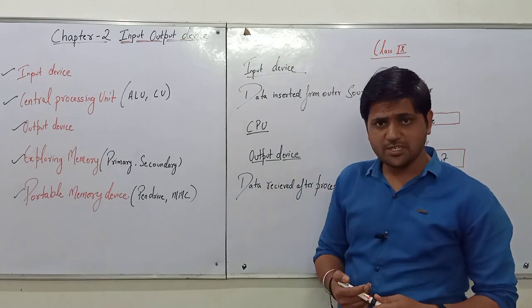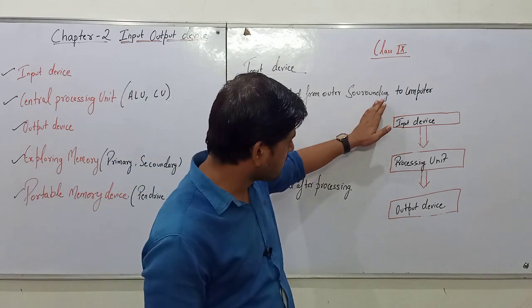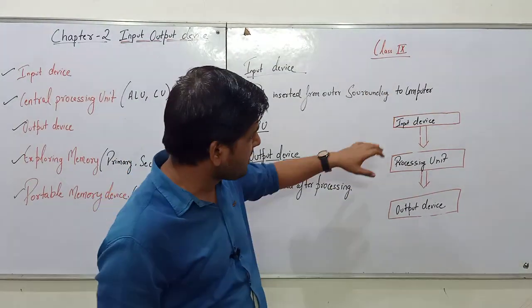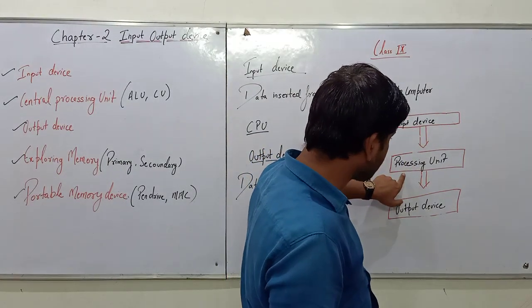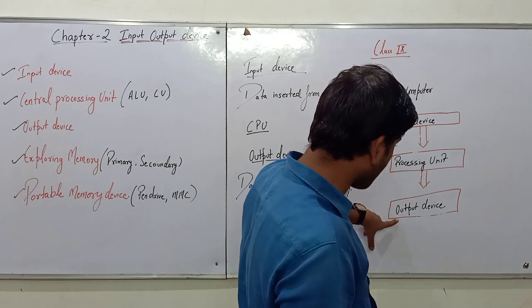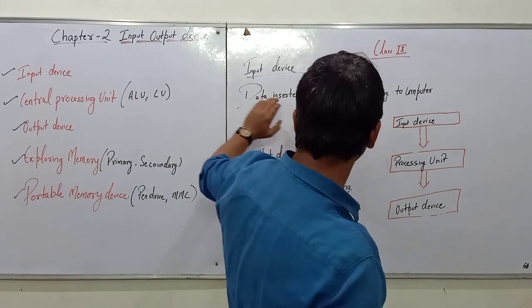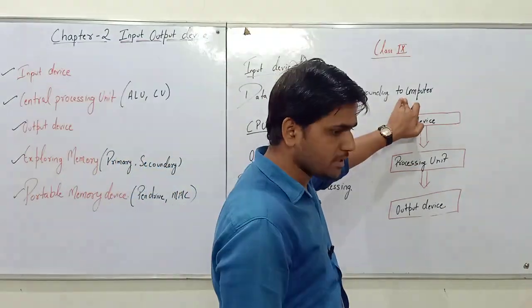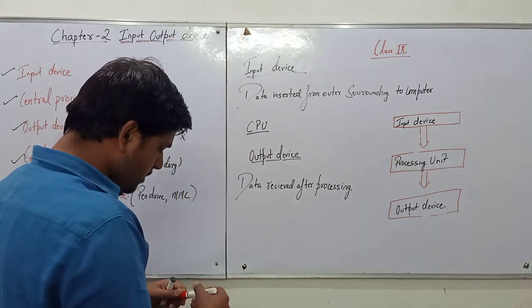So starting with this introduction, because in this video I am only going to discuss the introduction. First of all, just look at this flow diagram. It clearly shows the input device, then data is transmitted to the processing device, and then the output device. It means the input device inserts data from the outer surroundings into the computer. An input device is a way in which we give data to the computer system.